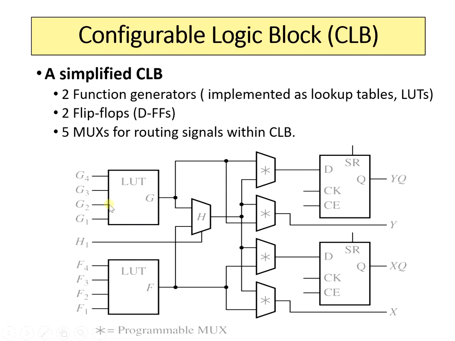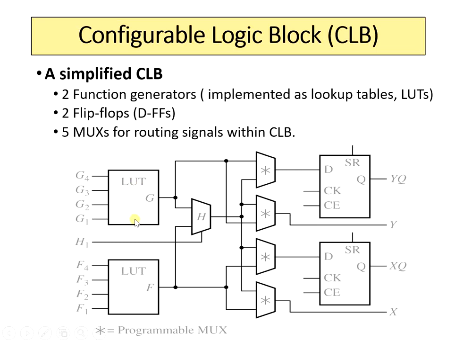has 4 inputs and can implement any function of up to 4 variables. The function generators are implemented as a lookup table, that is why it is represented as LUT, and a 4 input LUT is essentially a reprogrammable ROM with 16 1-bit words.